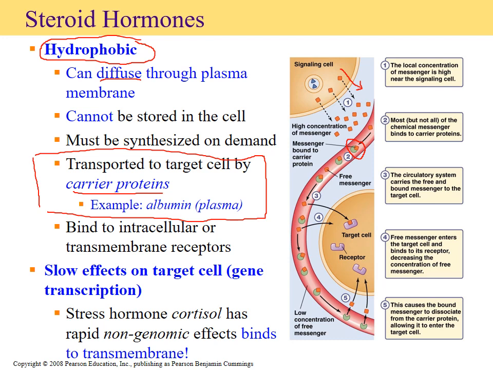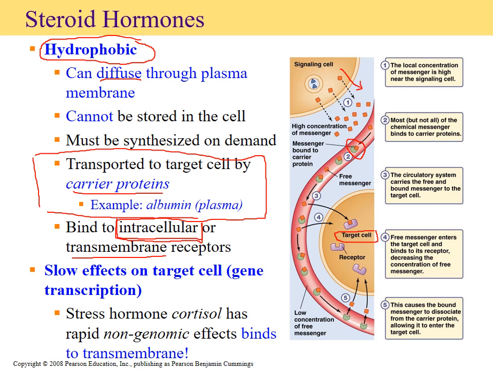Now, when the hormone gets over to its target cells, what we see happening is that it will have an option of either utilizing transmembrane receptors, and if it does so, it will have a rapid response, just like we saw on our previous slide when we were discussing our peptide-based hormones. Or what it will tend to do, and it tends to favor this as the number one choice of hydrophobic hormones, it tends to find an intracellular receptor.